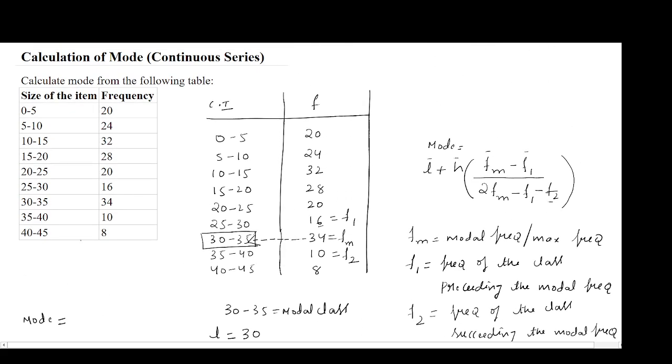Once again I'll explain the entire process. We have to write the given values as they are, that is class interval and frequency. Now after writing these values, there is no other table to be prepared. First we have to write the formula. Mode is equal to L plus H into Fm minus F1 divided by 2 times Fm minus F1 minus F2.